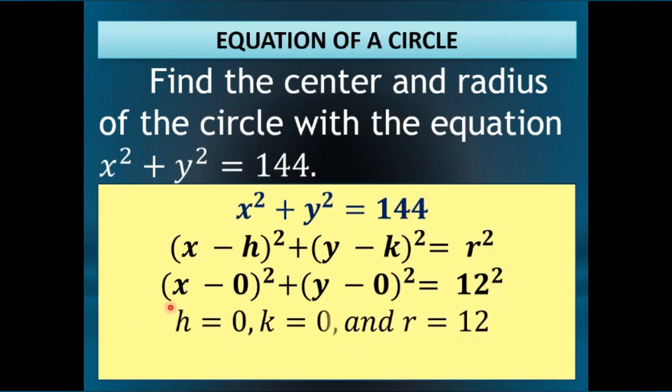So the center will be 0, 0 because your h is 0 and your k is also 0, and then the r will be 12 units. So the center and radius of the circle given this equation will be 0, 0 and 12 units.